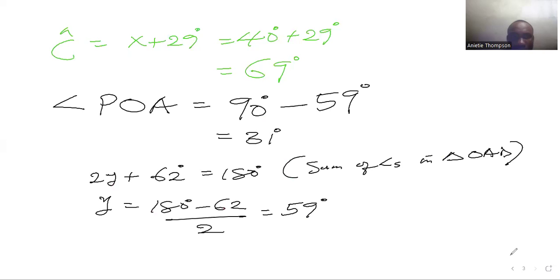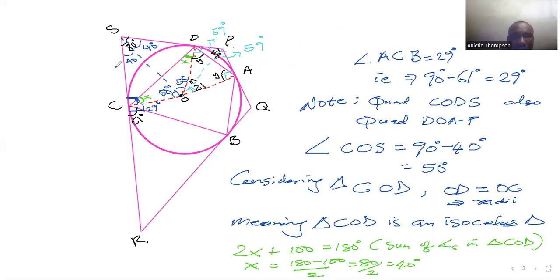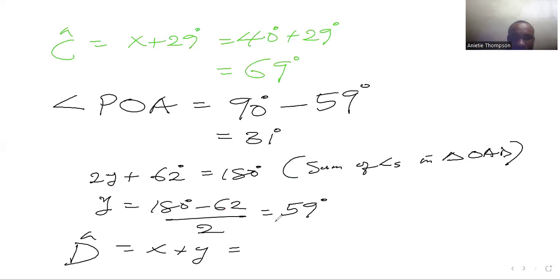So angle D equals X plus Y. Look at it here. We have X here, we have Y here, making the full angle D. So X plus Y, X is 40 degrees and Y is 59. So 40 plus 59 degrees will be 99 degrees.